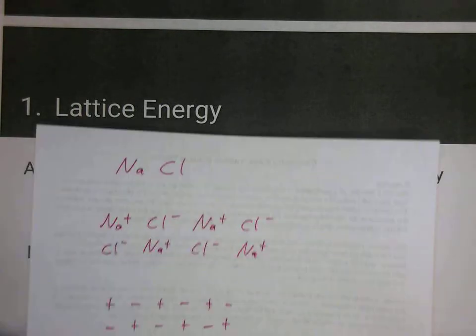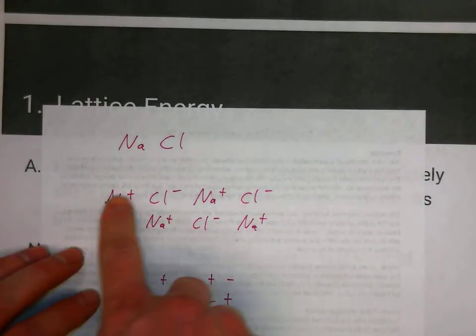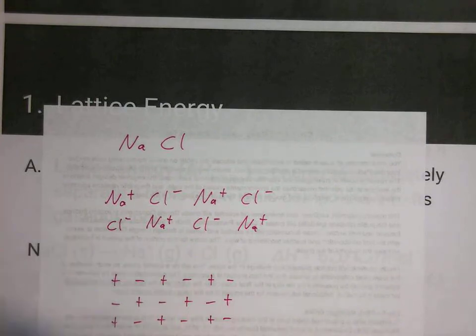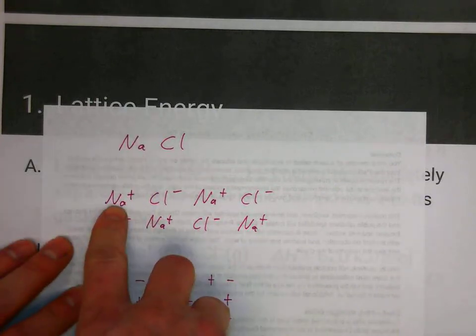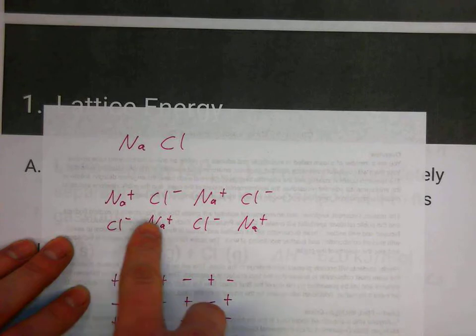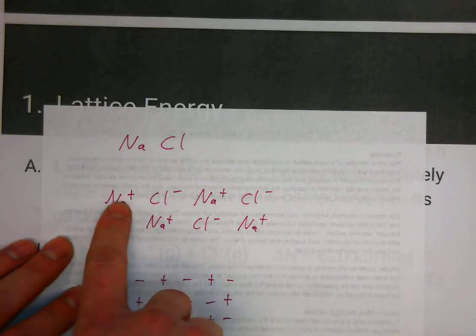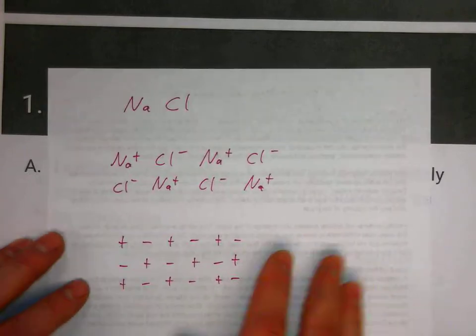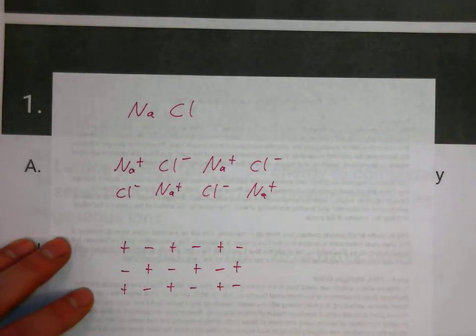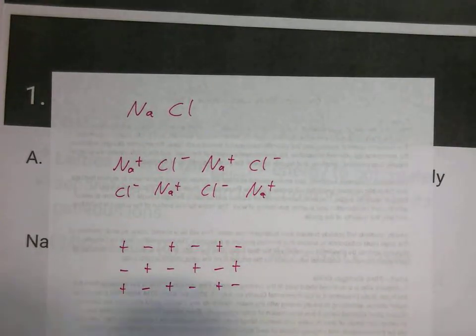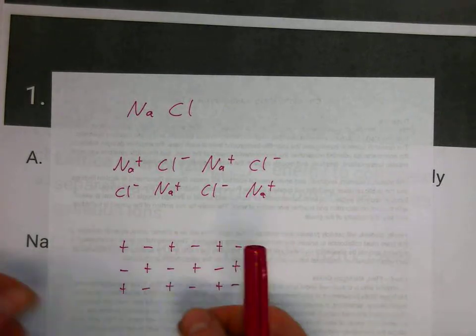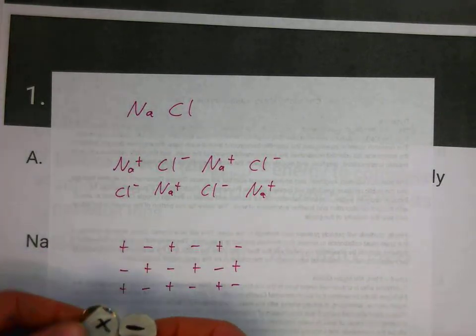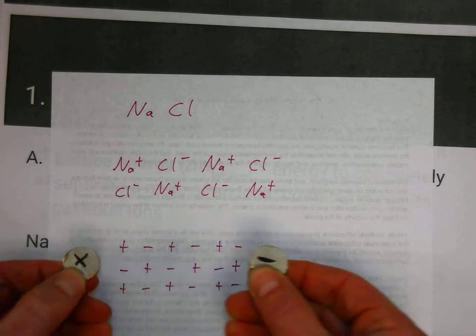Sodium chloride, for instance, forms in this network grid structure. So the ions would naturally arrange themselves so that the positive is next to the negative, and so on. So you get this sort of grid-like structure forming.